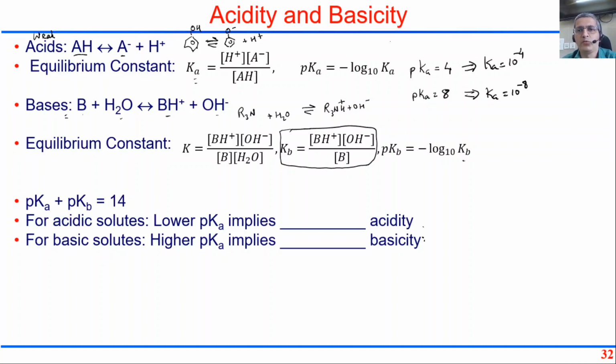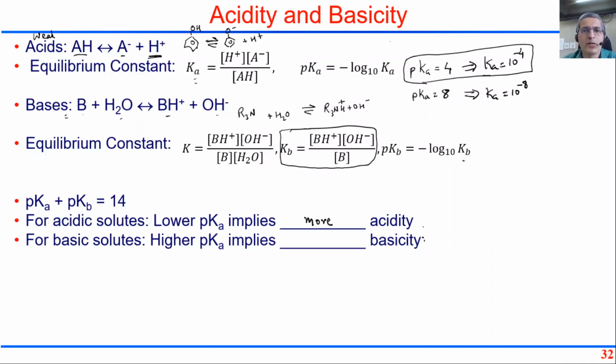Obviously 10 raised to minus 4 is higher, isn't it? So if pK is 4, K is larger. If K is larger, that would mean it is more dissociated. The forward reaction is more favored. So lower pKa means more acidity. Do you agree with that?